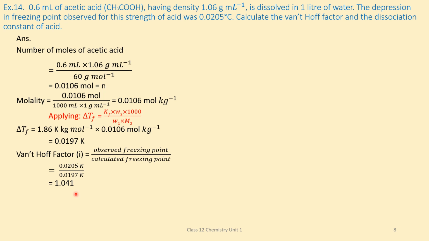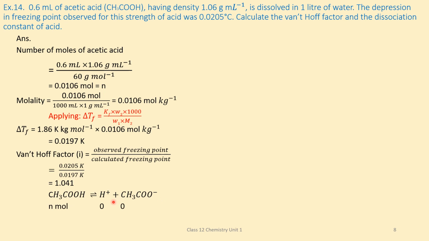If X is the degree of dissociation of acetic acid, then we would have n into 1 minus X moles of undissociated acetic acid, nX moles of CH3COO minus and nX moles of H plus ions. Therefore, we can write it as CH3COOH dissociates into hydrogen H plus and CH3COO minus.